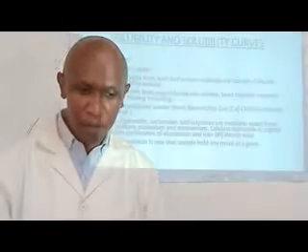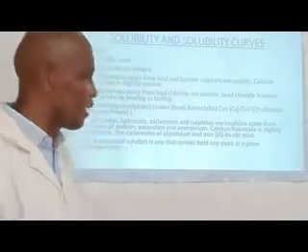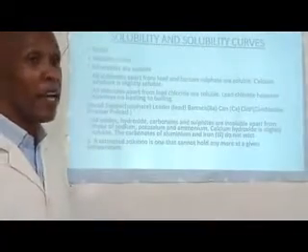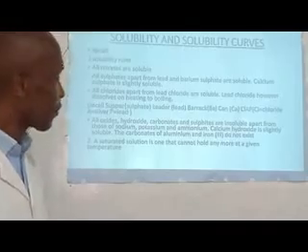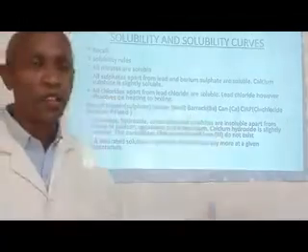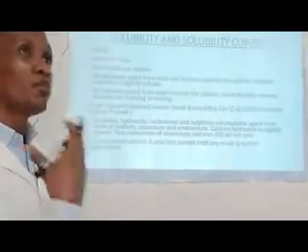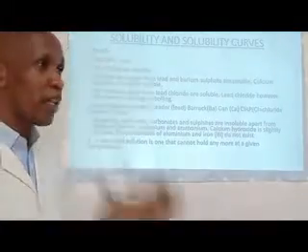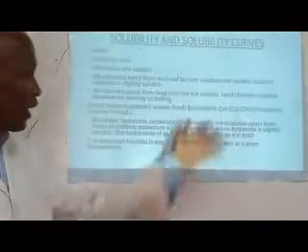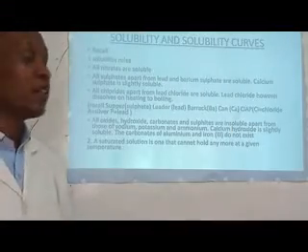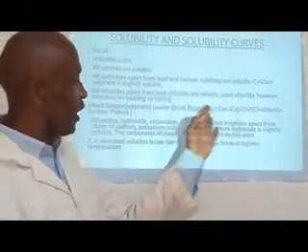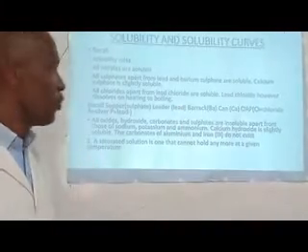You could come up with your own way of remembering that, but that's what I use, so that I know that all sulfates apart from lead, barium and calcium are soluble.